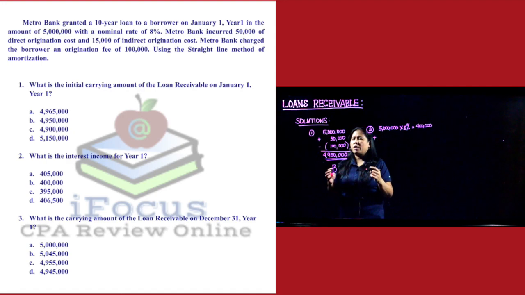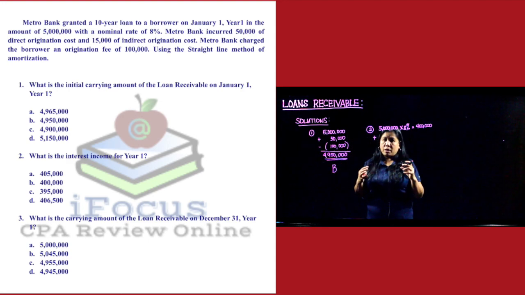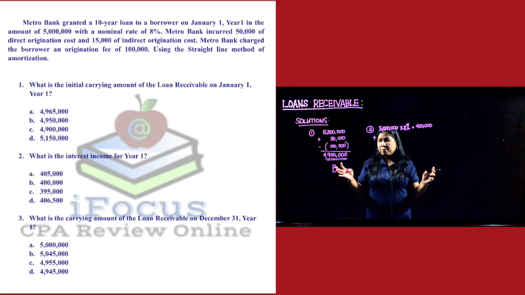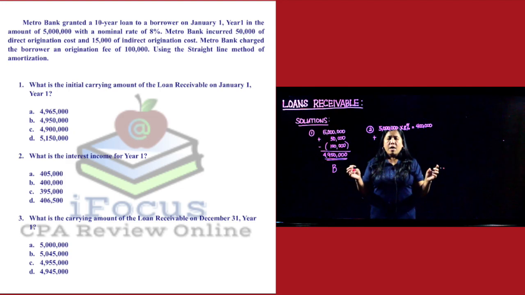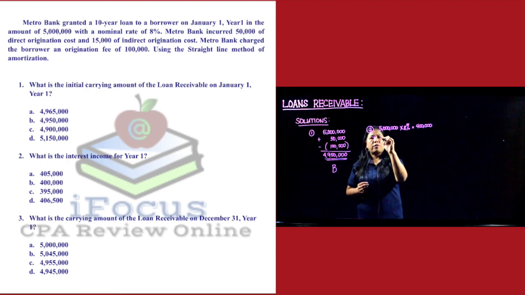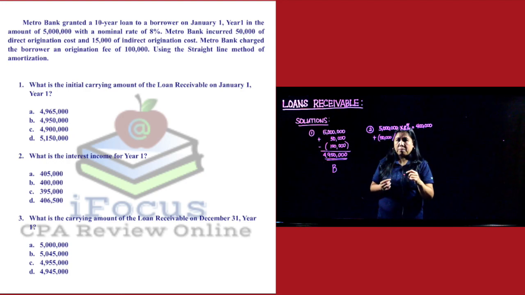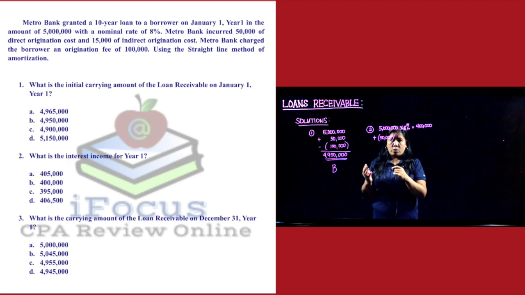Why discount? Because the principal amount is 5 million and the initial carrying amount of this loans receivable is 4,950,000, which is less than the principal. So there's a difference of 50,000, and this 50,000 discount is amortized over the life of the loans receivable. In this case, the 50,000 is divided by the life of the loans receivable.